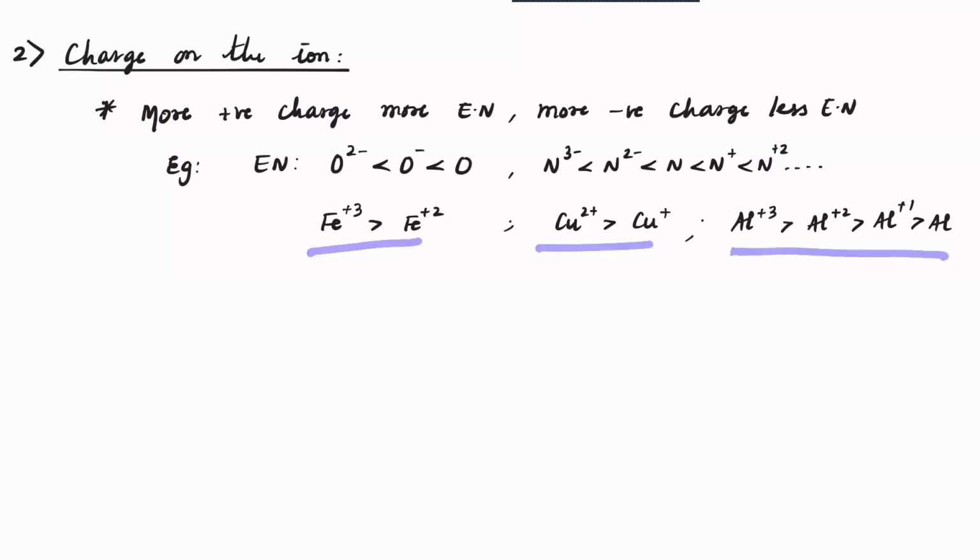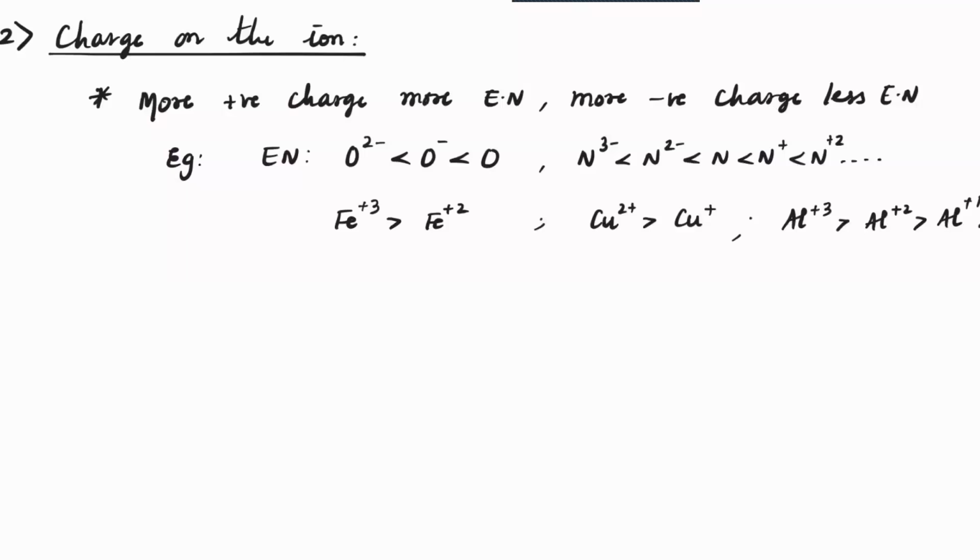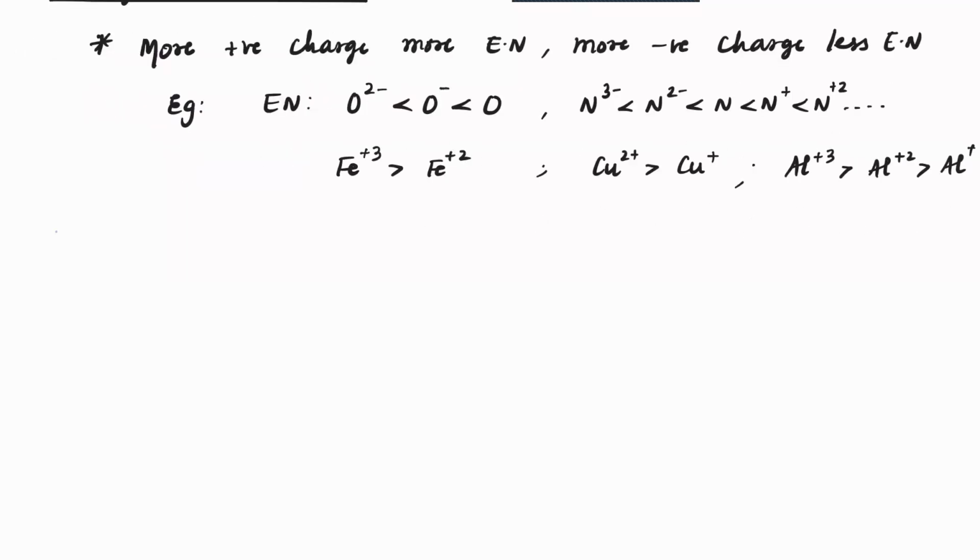This kind of charge can also be observed in something called oxidation states. Oxidation state is like a hypothetical form where we can say the higher the oxidation state, the higher the electronegativity.